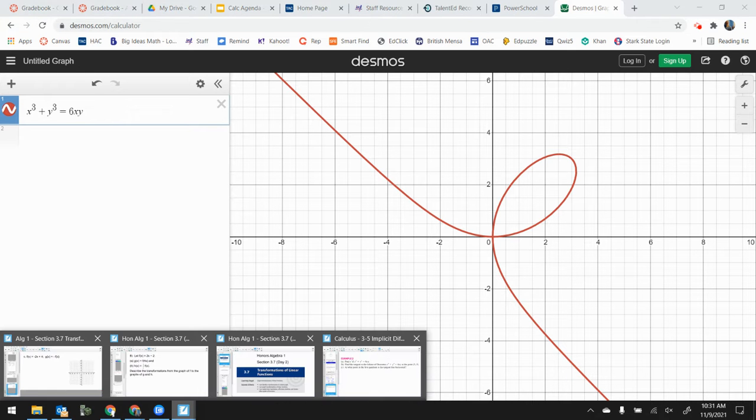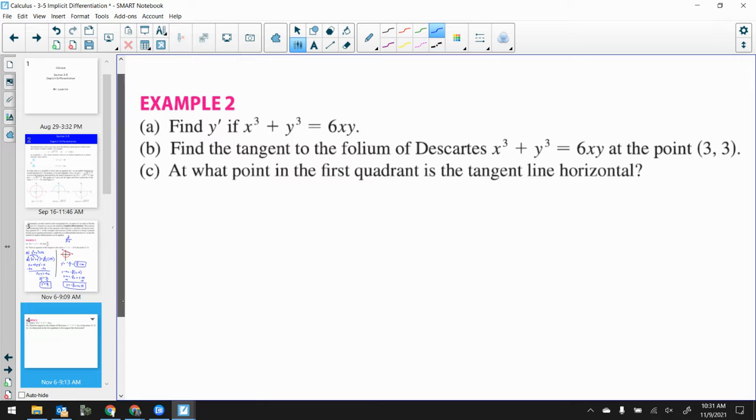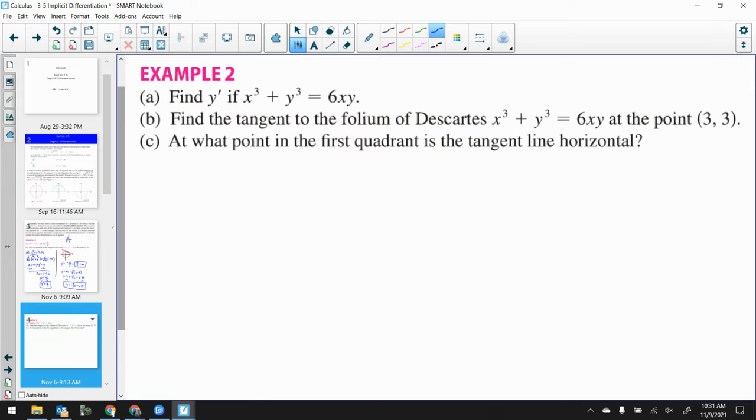This is this implicitly defined function. So let's find the derivative so that we could calculate at any given point on that curve what the slope would be. Okay, so part A says find the derivative. So x to the third plus y to the third is equal to 6xy.